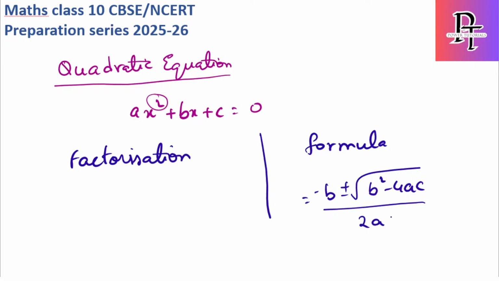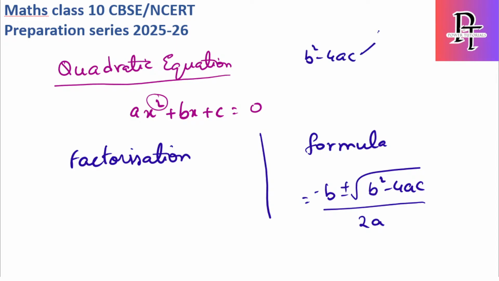This is the standard quadratic equation formula using which we can find the two roots of any quadratic equation. Why do I say two roots? Because the highest degree is 2, so we should have two roots. They can be equal or not equal. In our second chapter, the polynomial chapter, we also studied how to find the nature of roots using b square minus 4ac.